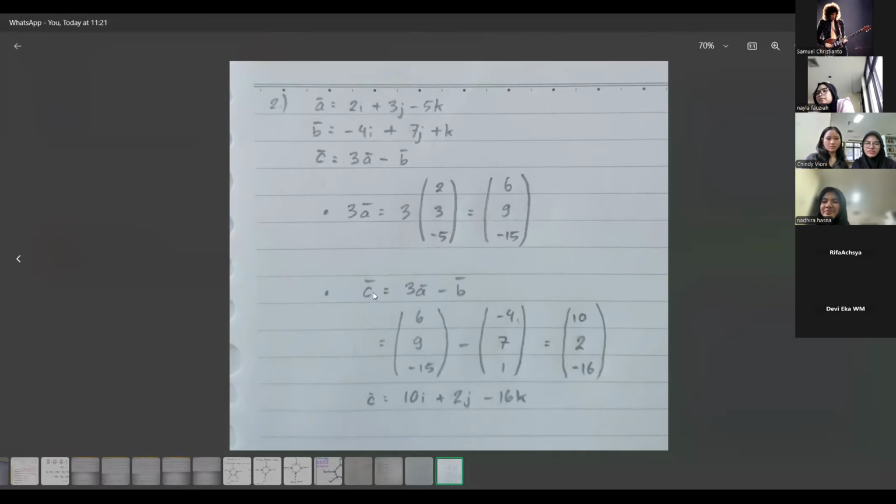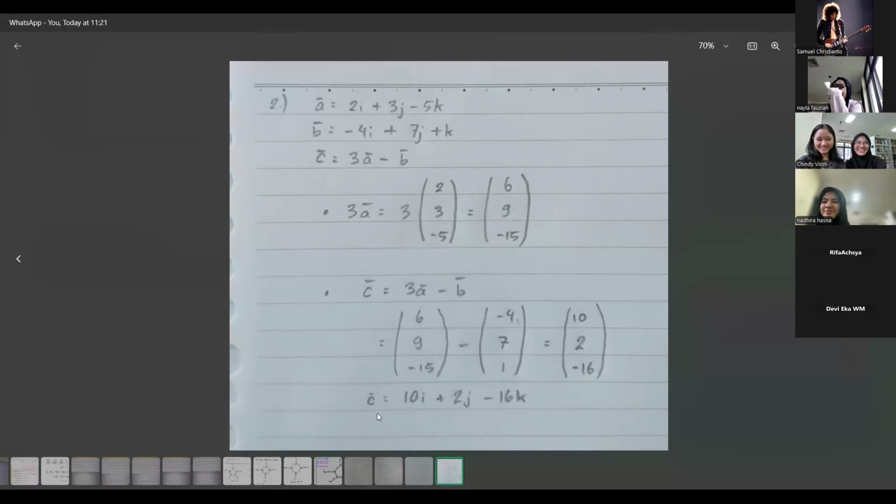And vector C is equal to 3 multiplied by vector A minus vector B: 6 minus minus 4 is 10, 9 minus 7 is 2, minus 15 minus 1 is minus 16.